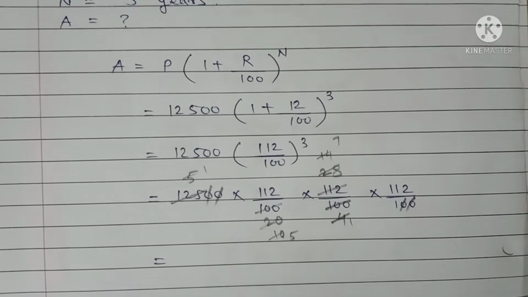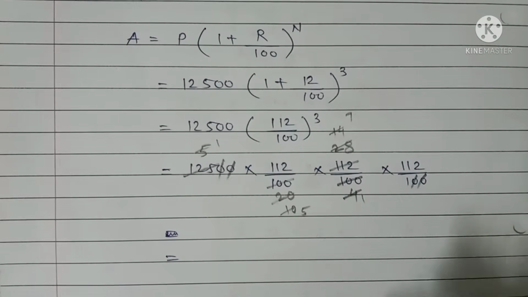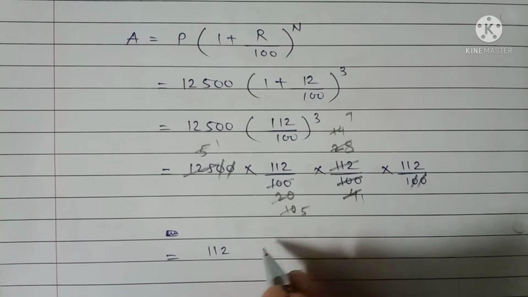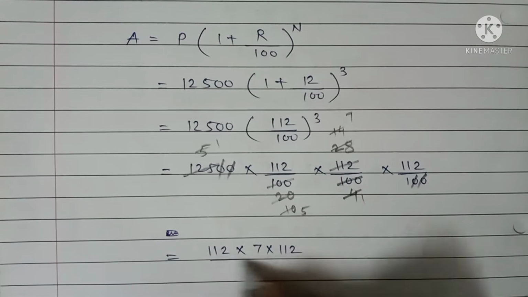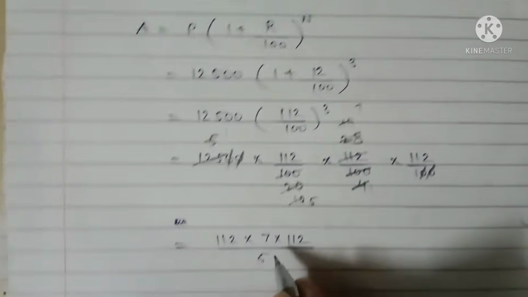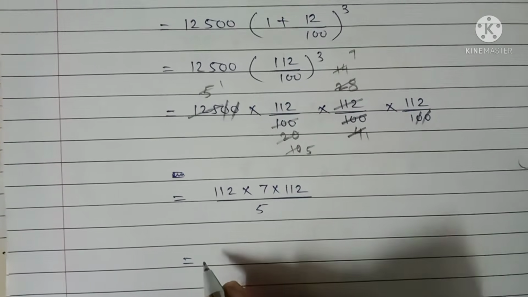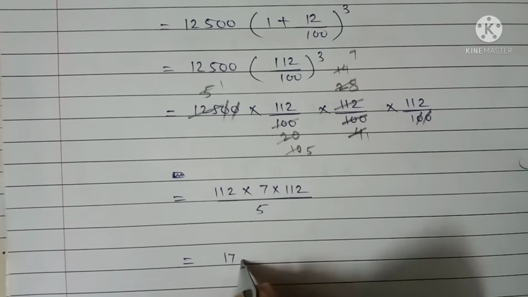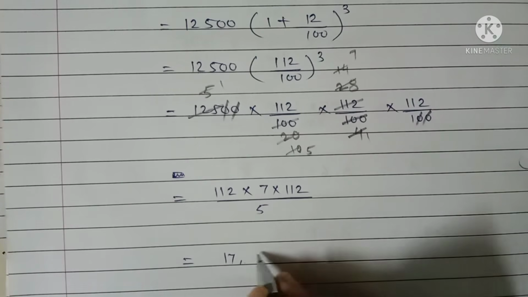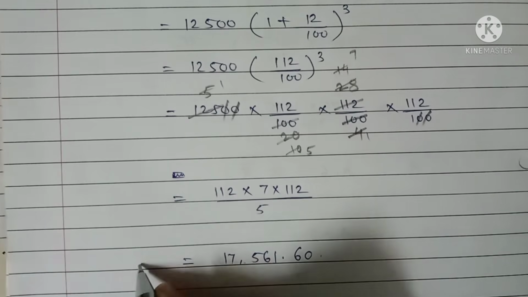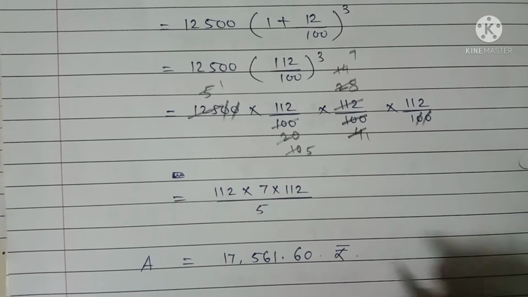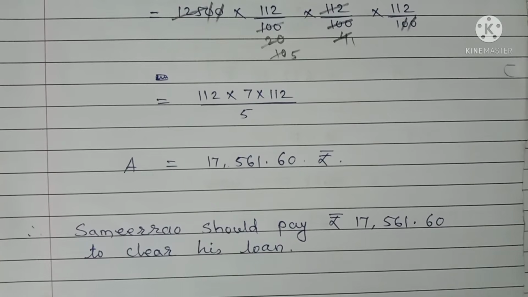Now what is remaining? 112 multiplied by 7 multiplied by 112 divided by 5, means your answer is 17,561.60 rupees. Therefore, Samir Rao should pay rupees 17,561.60 to clear his loan.